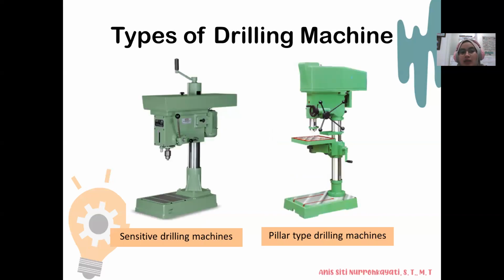This is the types of drilling machine. We know in our laboratory we have only one type of drilling machine. Maybe we only have a sensitive drilling machine, or a pillar type drilling machine, or we can call it the basic type of drilling machine.